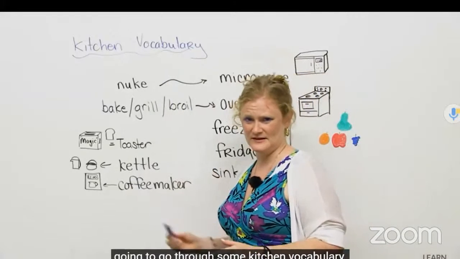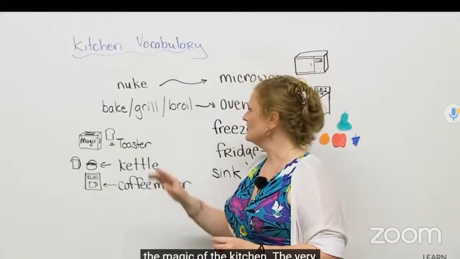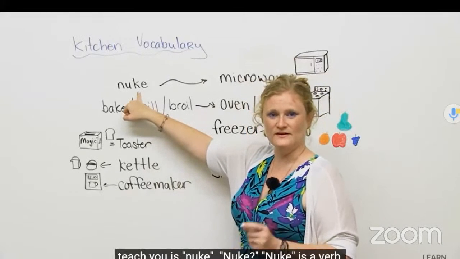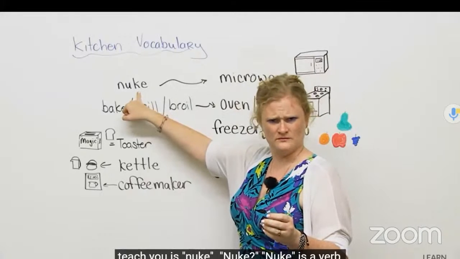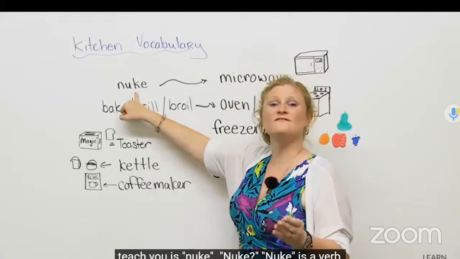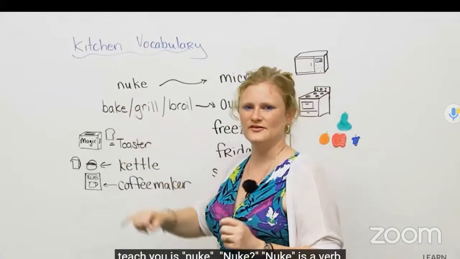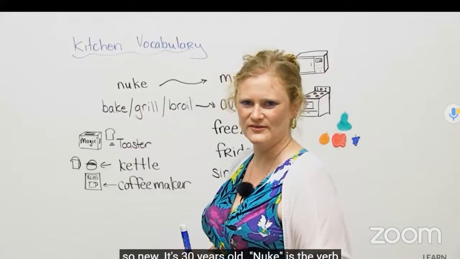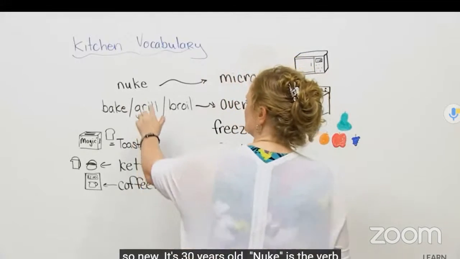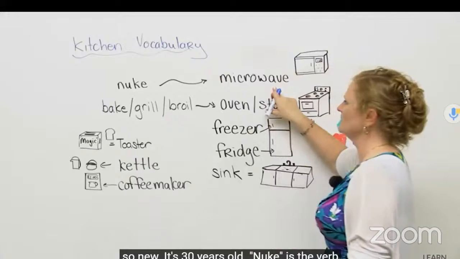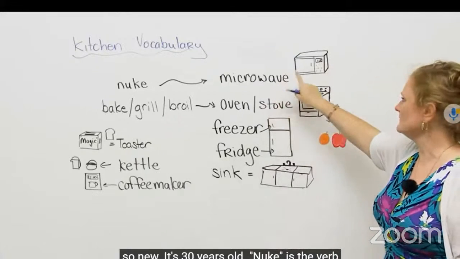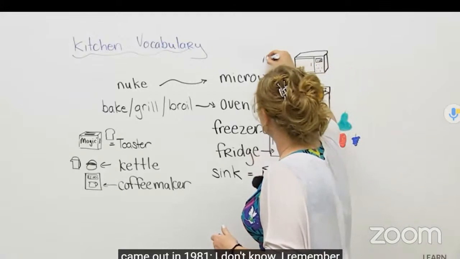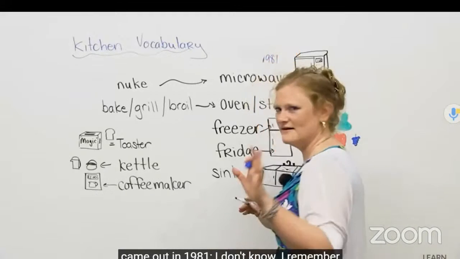My name's Ronnie. Let me take you through the magic of the kitchen. The very, very first word that I'm going to teach you is nuke. Nuke is a verb, and it's a new word from the 1980s. That's so new, it's 30 years old. Nuke is the verb that we use for a microwave. A microwave maybe came out in 1981. I don't know.